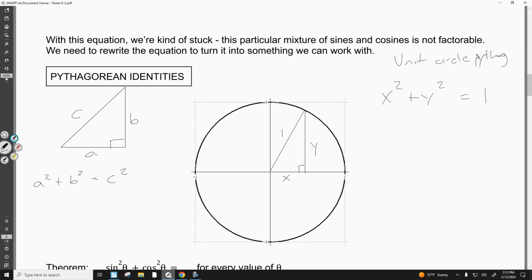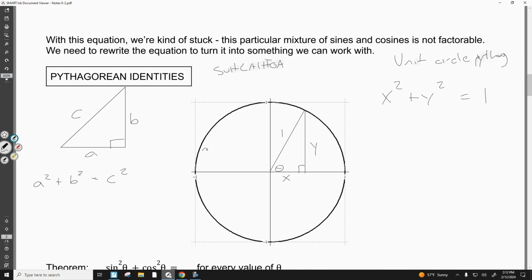But if we think about SOHCAHTOA, x is always equal to what? The adjacent, the cosine of the reference angle. We're going to throw in a little angle.